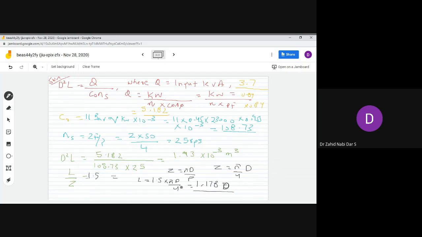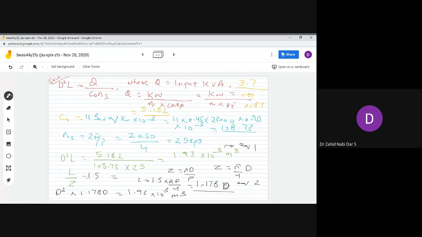Okay, so I have this L and this ratio, I have d square L. From equation 1 and then equation 2, I can get the value by substituting the value of L in terms of d, that is 1.178 d, into d square L, which is equal to 1.93 into 10 power minus 3 meter cube. So from here we can get the value of d, and get the value of L after substituting here. So please get the value of d and L and let me know.